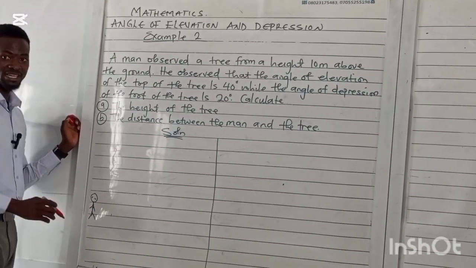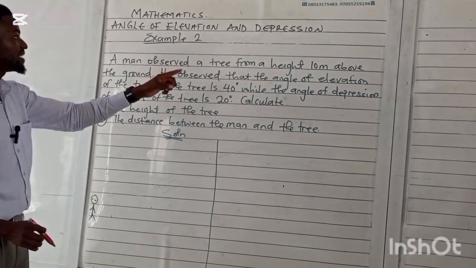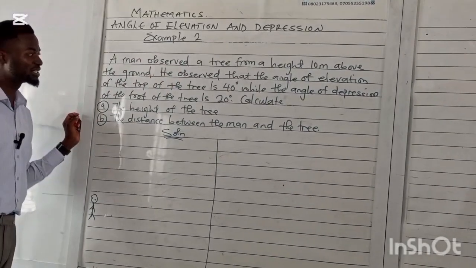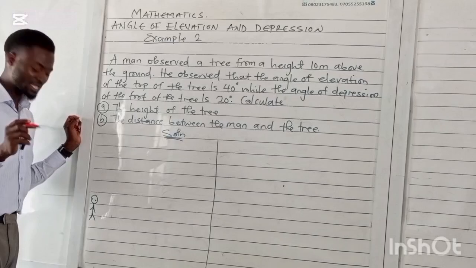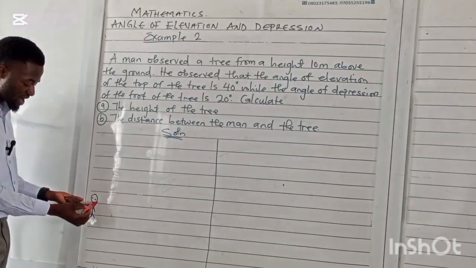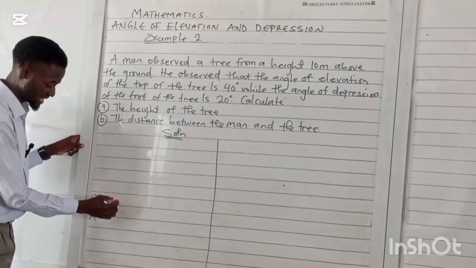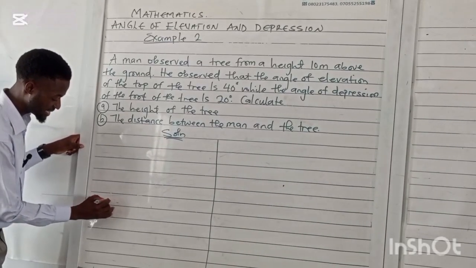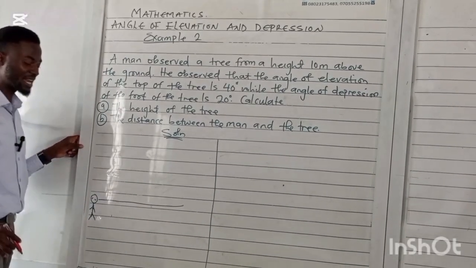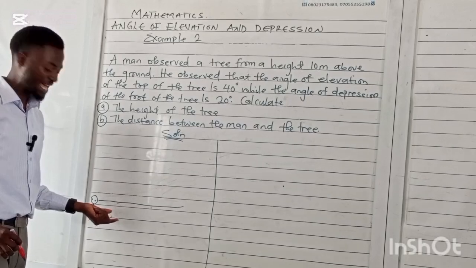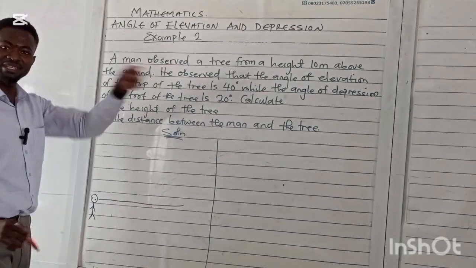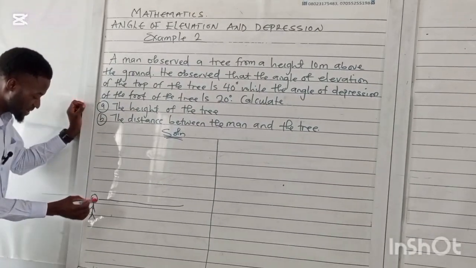A man observed a tree 10 meters above the ground. If this is where he's standing, this is the horizontal line of his sight. And if this is the horizontal line, they say 10 meters above the ground. So now, that means what?